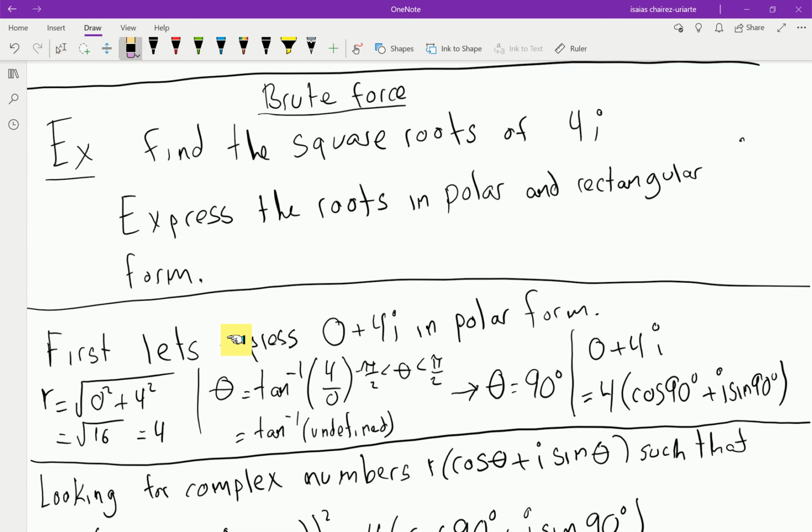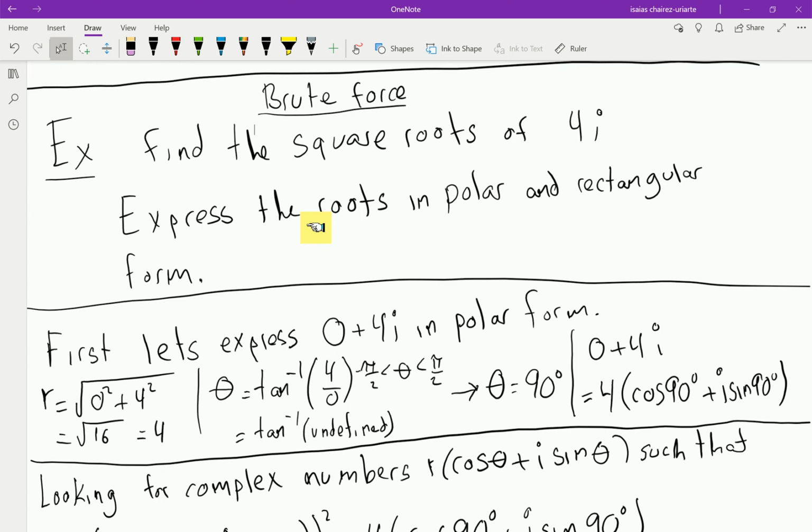No theorems or anything. We're supposed to find the square roots, and notice this is plural, roots. There are going to be 2. So I need to find the square roots of this complex number, 4i, and I want to express the roots both in polar and rectangular form. How do I do that?